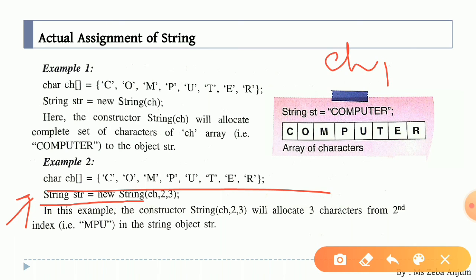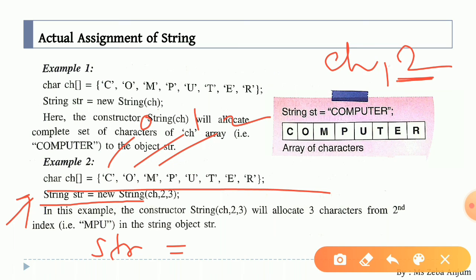Okay, 2 means the starting point, meaning the indexing. See, c is from 0, this is 1, this is 2. Okay, so it is going to take from 2. Yes, it is going to take str from 2. So 2 is m, so from m it is going to start writing.